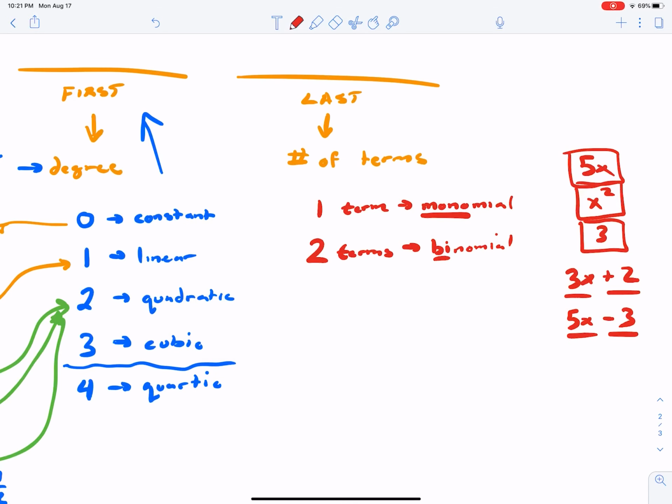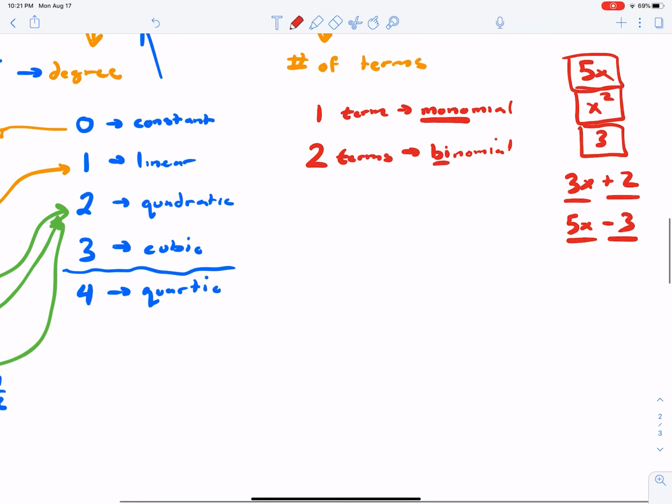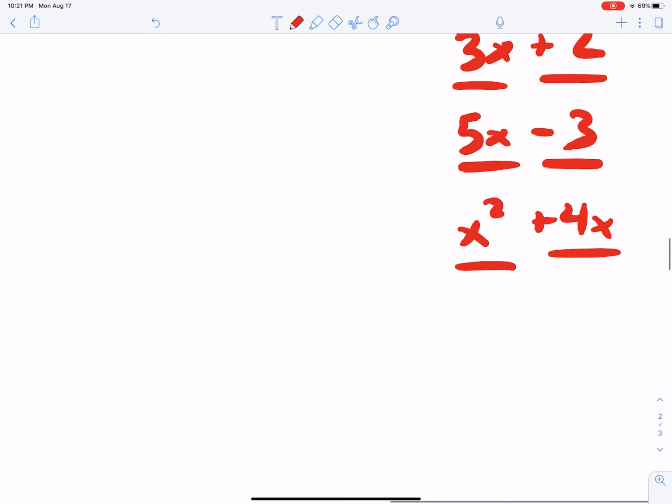Those are 2 terms there, so you would call it a binomial. X squared plus 4x. That is also 2 terms. Now, if you were to call this by its first name, you would call it a quadratic. Okay, if you call it by its last name, you would call it a binomial. And if you call it by its full name, if you're classifying it, you would call it a quadratic binomial.